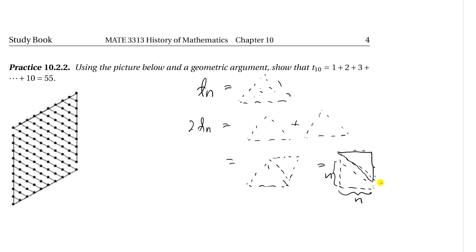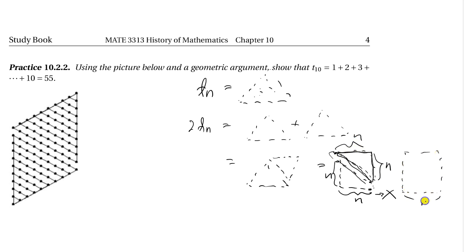But because of the shape, we add one more line over there, so we still have n and n here. Looking at it entirely, it looks like a rectangular shape.